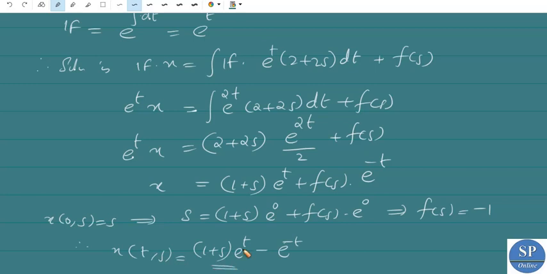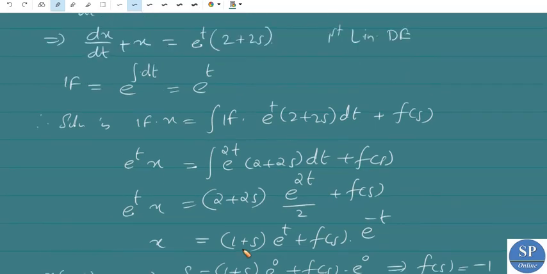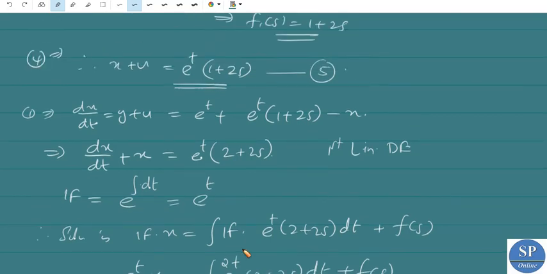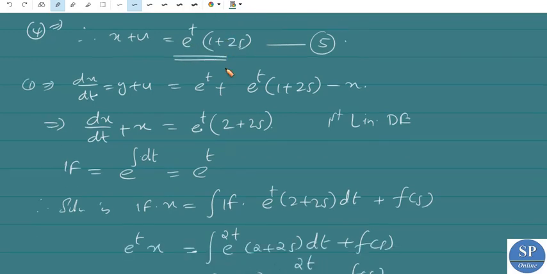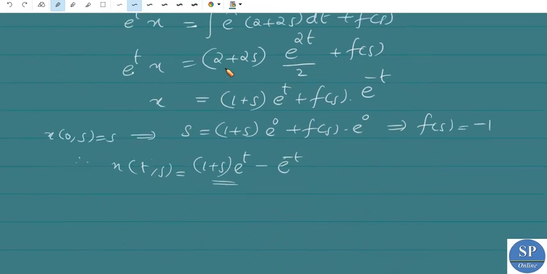Now we have u. From equation number 5 we get u equal to e power t into 1 plus 2s minus x. So we can write u equal to 1 plus 2s into e power t minus x, right?